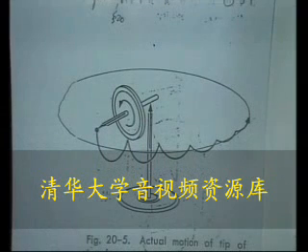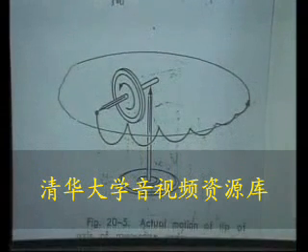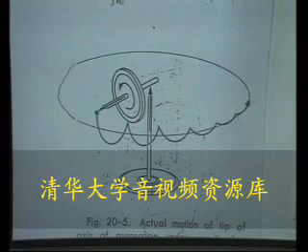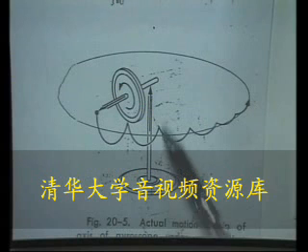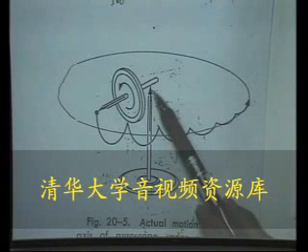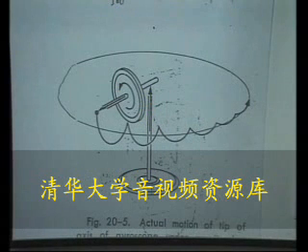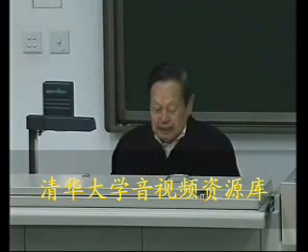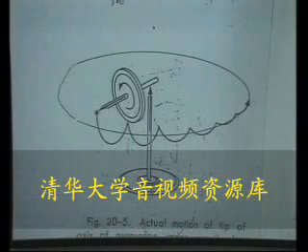I'm sure many of you have played with a gyroscope. A gyroscope is a heavy wheel, and you make it rotate very fast, and then you put one end of it on top of a tip.